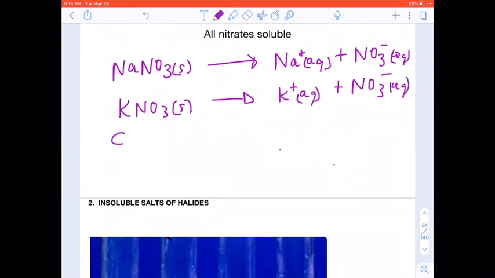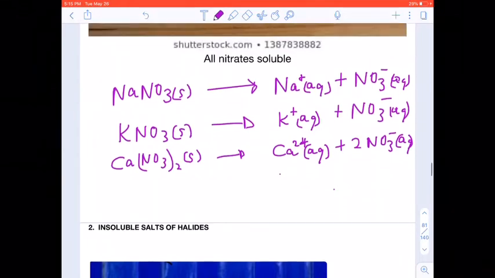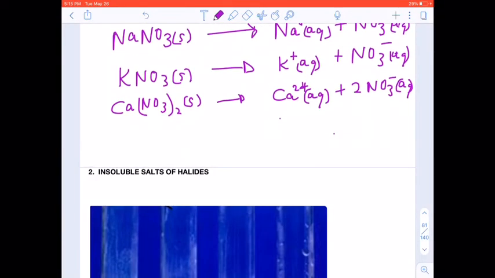So we say CaNO3, we know that salt, and if it's dissolved in water, what happens? We get Ca2 plus aqueous, plus 2NO3 minus aqueous. Right, and again I'm balancing the charges. Okay, so those are all soluble nitrates.